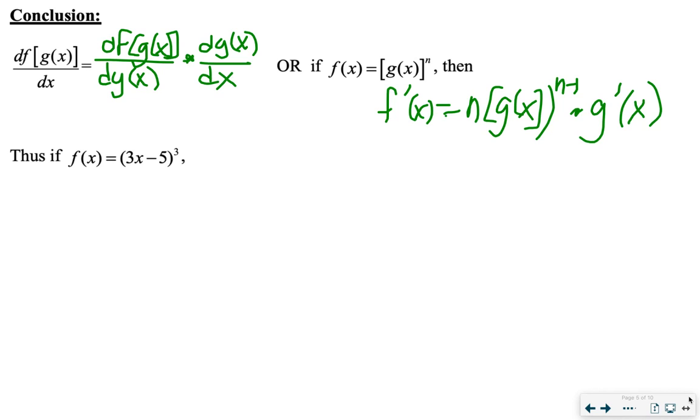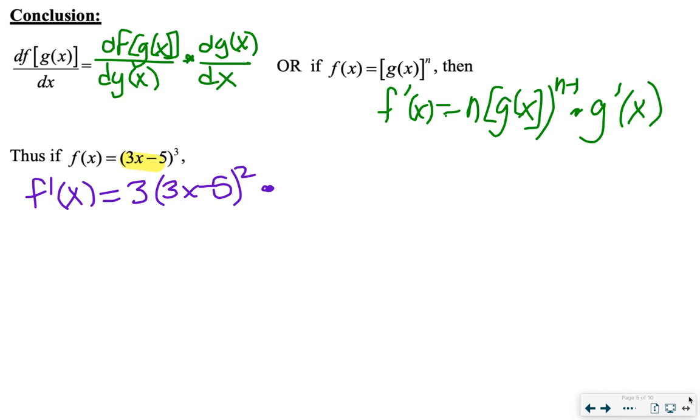So if we go back to that 3x minus 5 cubed, right? If we remember, we know that derivative, we took it using the power rule, we found it to be 9 times 3x minus 5 squared. So let's use my chain rule here to find my derivative. So I'm going to bring down the exponent as I would in the power rule, keep what's inside the brackets the same, and then multiply by the derivative of what's inside of my brackets there.